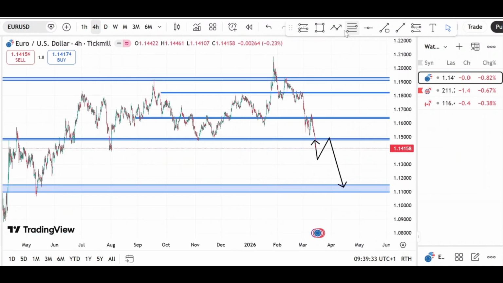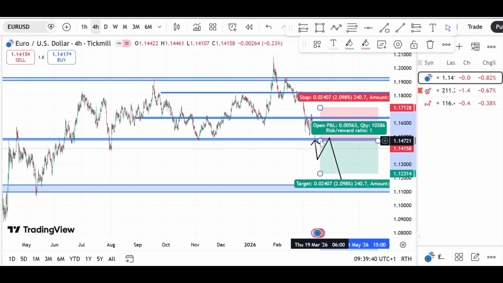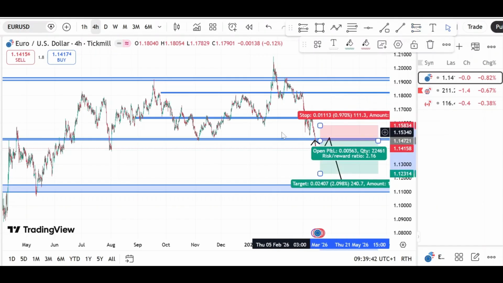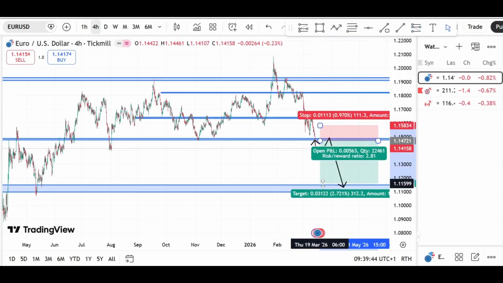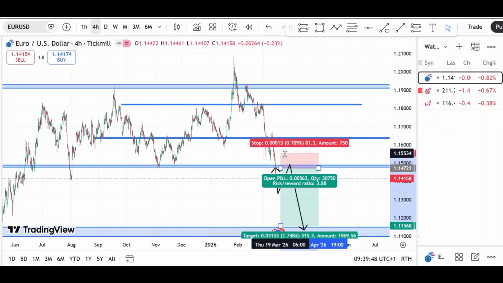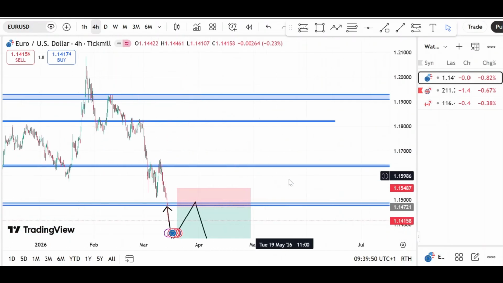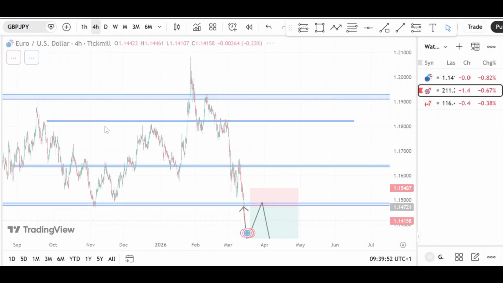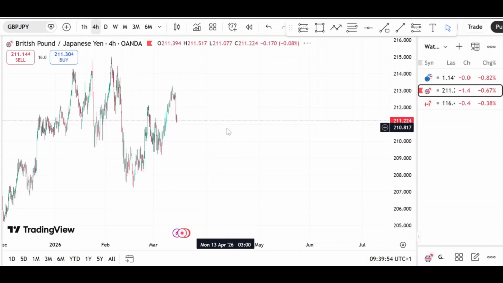This is a very clear structure. So let us wait for the next week to come, so that we capitalize on this move and target this monthly support like this. Okay, let's go to the GBP JPY and see what's going on.